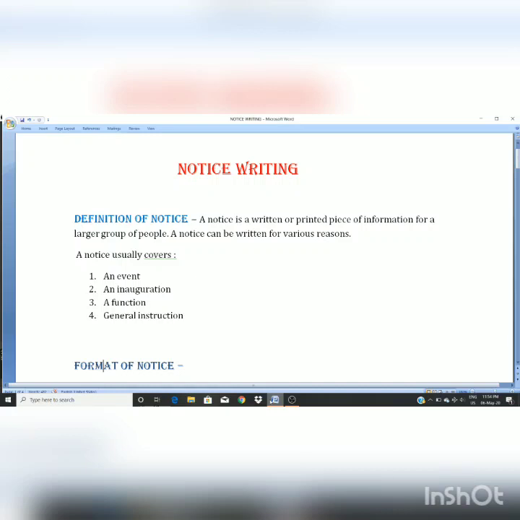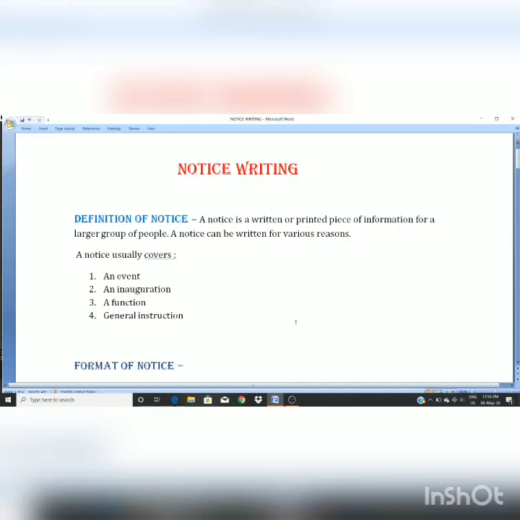A notice can be written for various reasons. The first thing we get to know about notice writing is that a notice can be handwritten or printed.